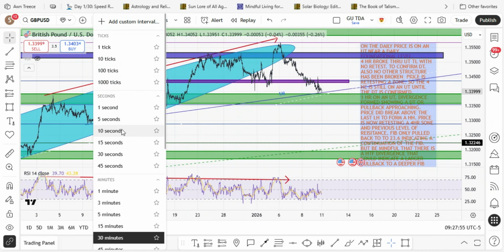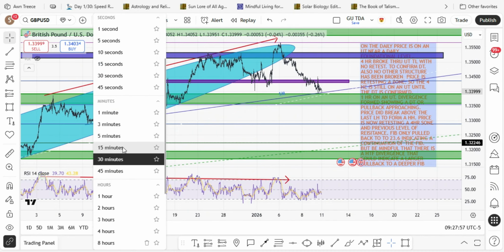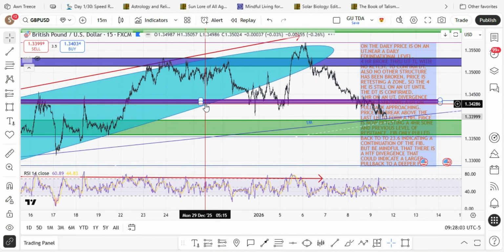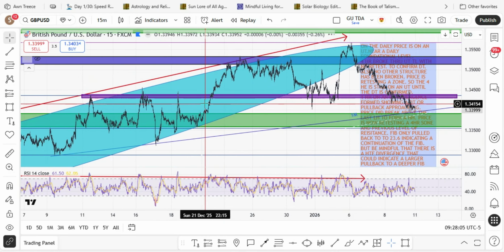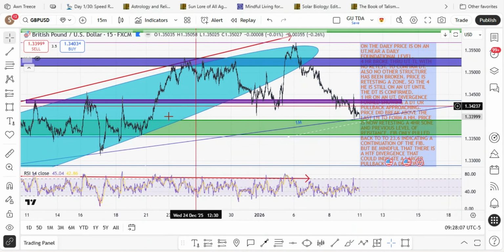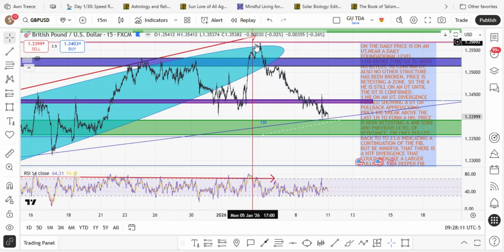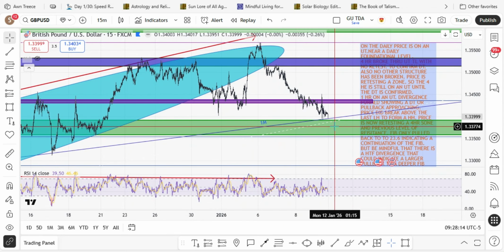Let's see if price looks any better on 15 minutes. Impulse, correction, continuation, impulse.